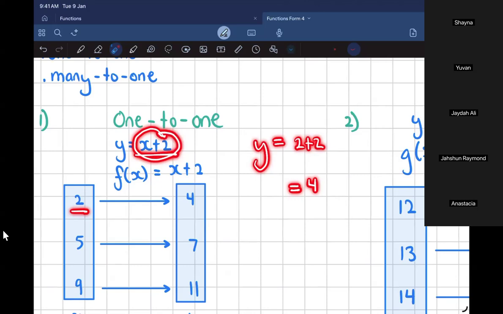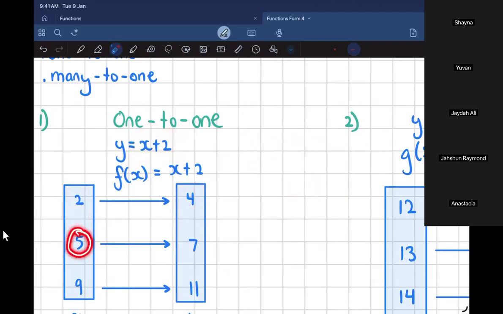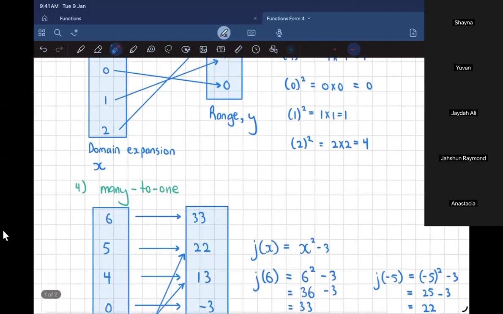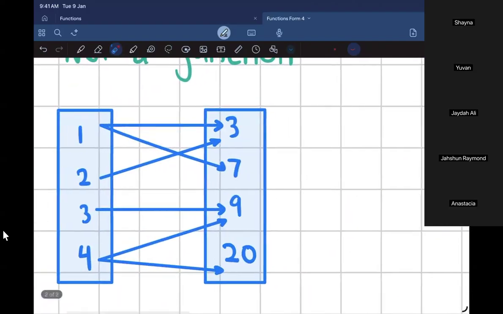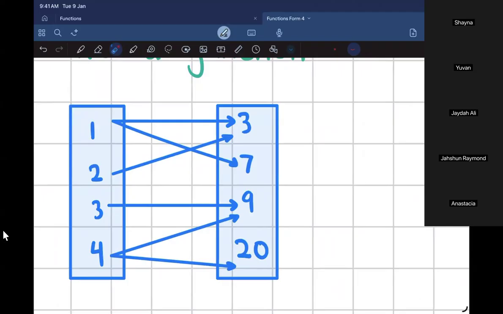Let me run it back one more time. Joshon, you understand that 2 could only give you 4. Yes, sir. 5 could only give you 7. 9 could only give you 11. It can't give you anything else. So when you see a diagram saying 1 could give you both 3 and 7, does that make any sense?